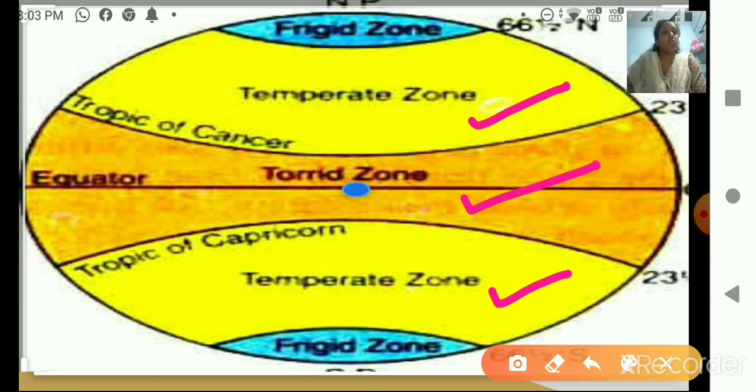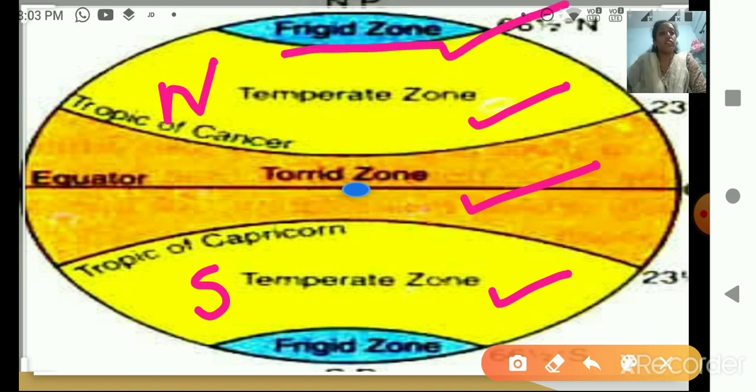The next one here is temperate zone. It is also called north temperate zone, and this is also called south temperate zone. Okay, and the third one is frigid zone.